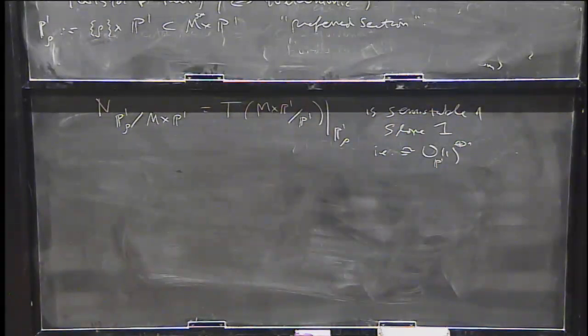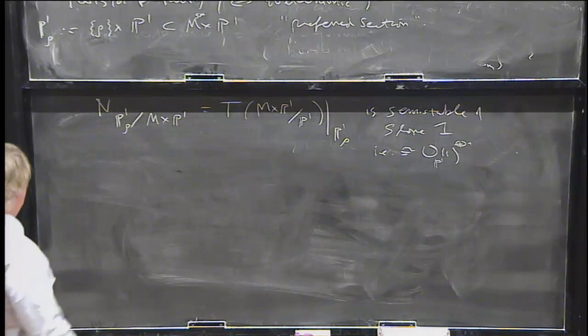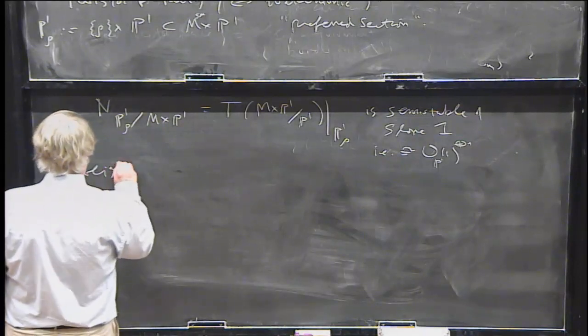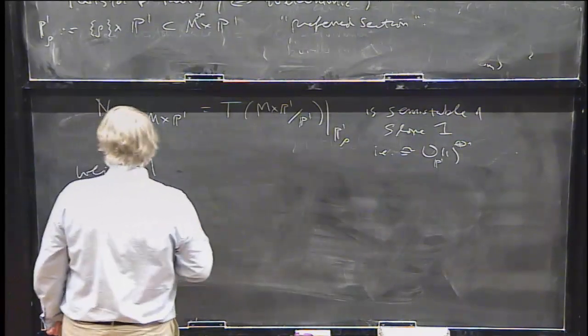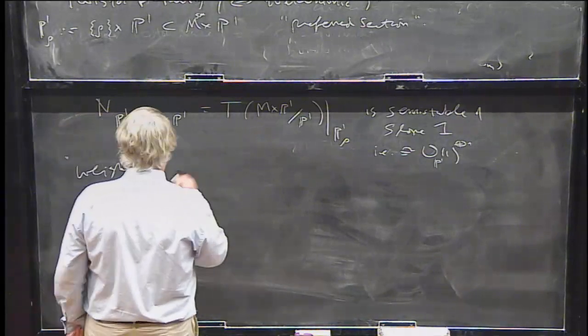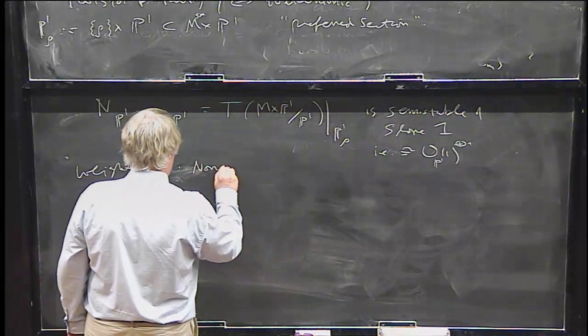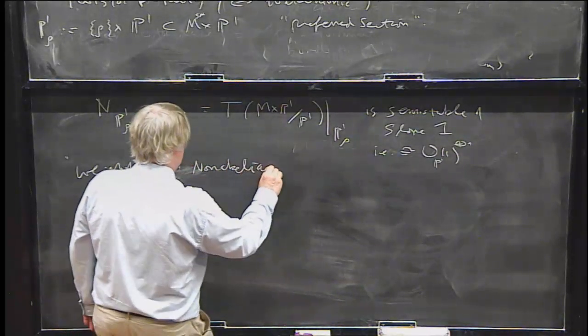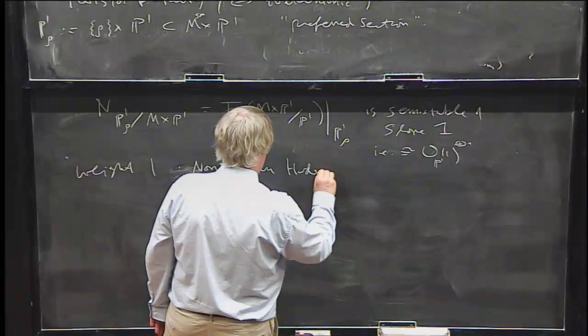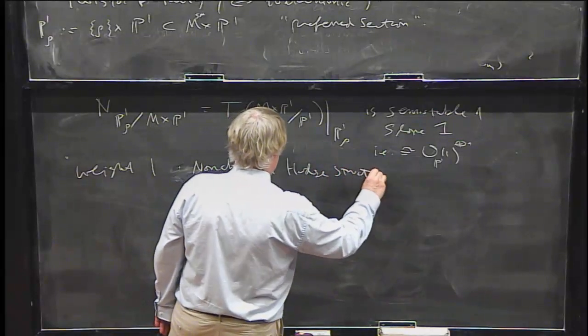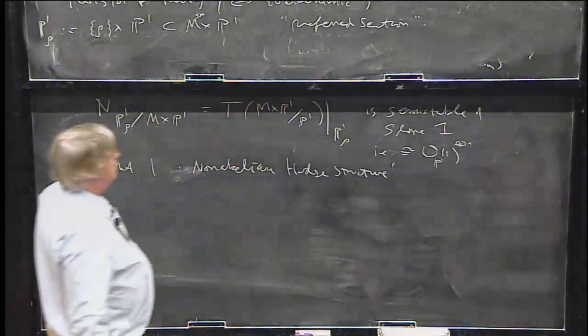So you'll recognize that property over there. I mean, of course, this came first, and then that sort of generated these kind of generalizations. But so this is a sort of a weight 1. We'll call it sort of a weight 1 mixed Hodge structure, like Nonabelian Hodge structure. Okay.